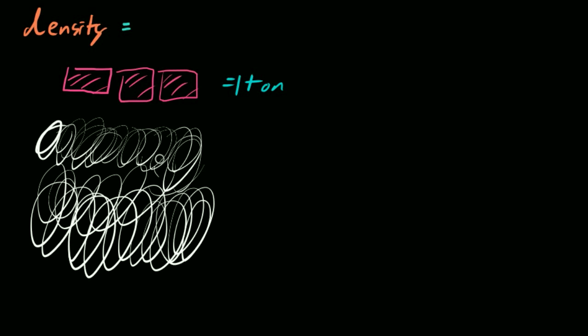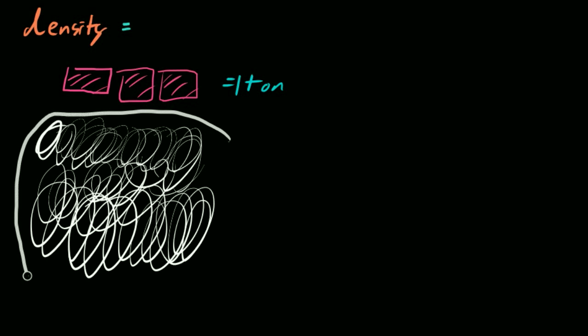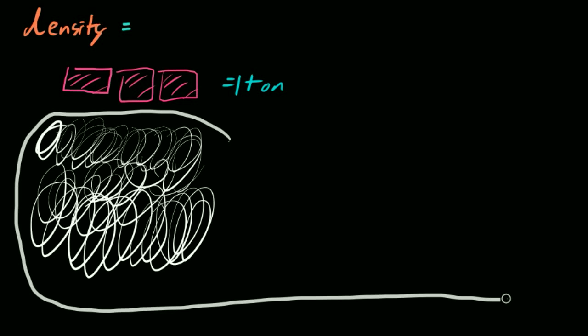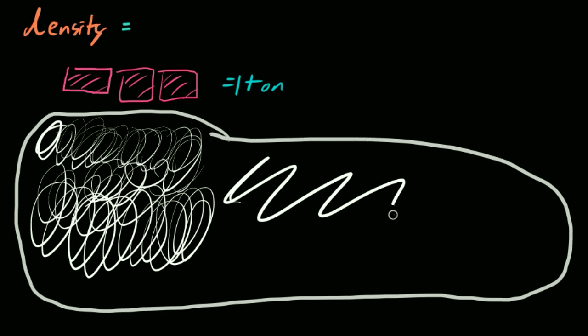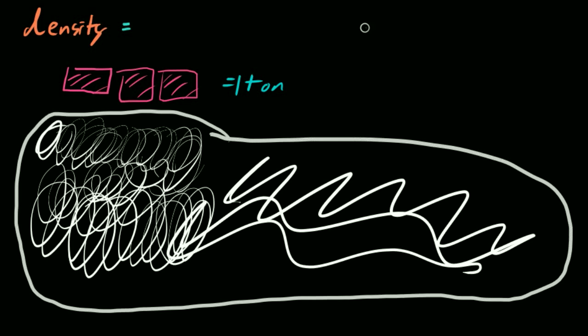Say I've got this gigantic bag full of feathers, and I'll color it in like that. This bag is also going to equal 1 ton, but it's taking up way more space than just these 3 bricks.